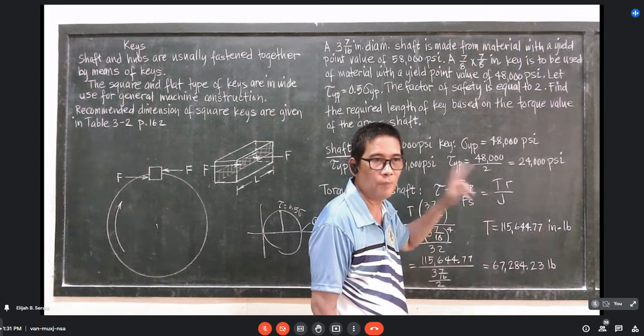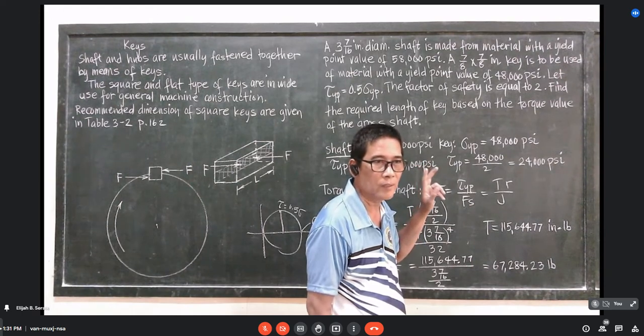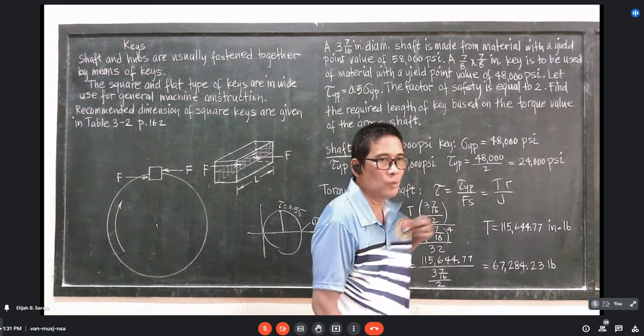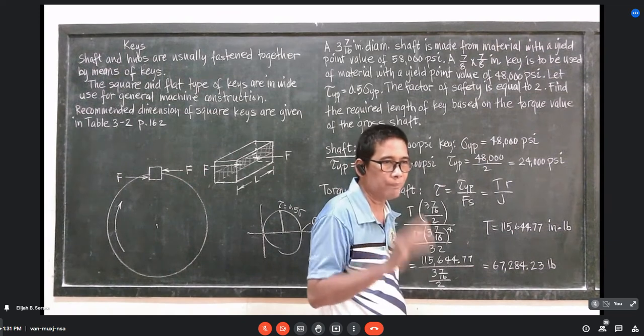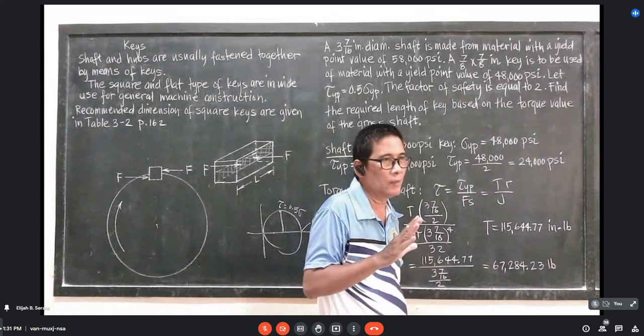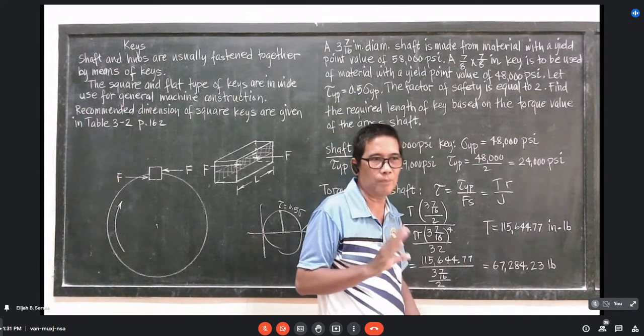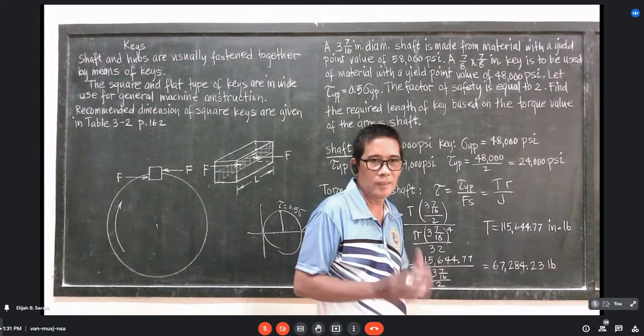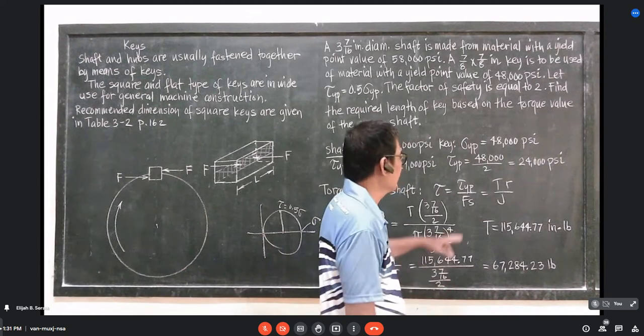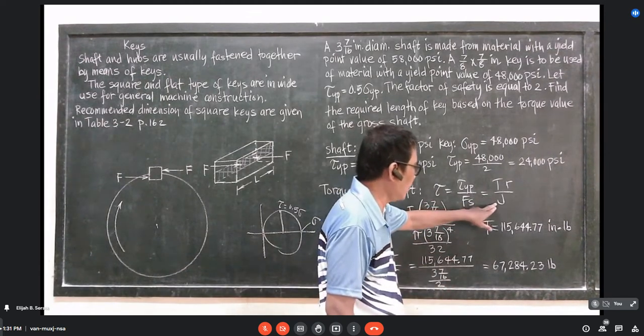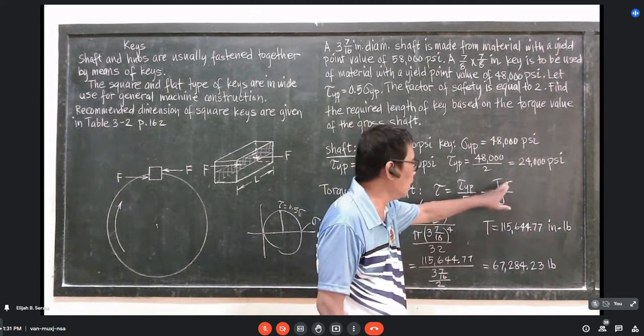I is pi d to the 4th over 64. Okay? So those are things that should be familiar already to you. Just don't mix them up. So we have pi d to the 4th over 32.